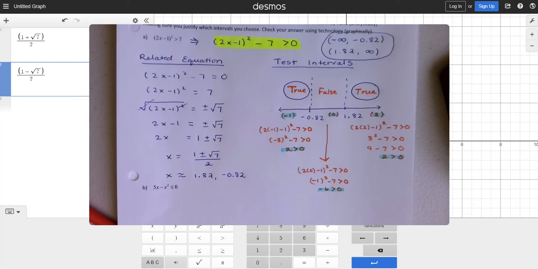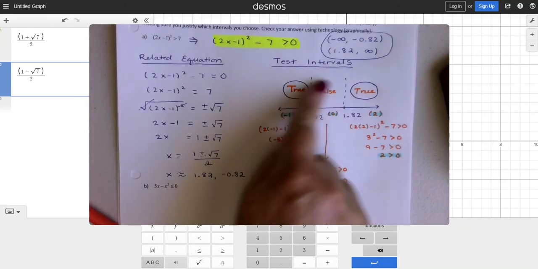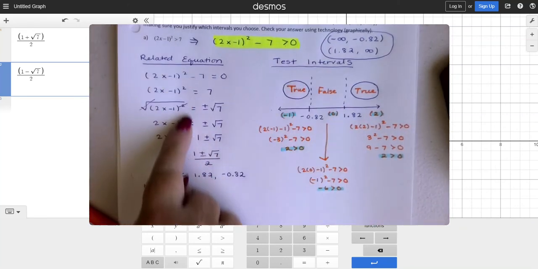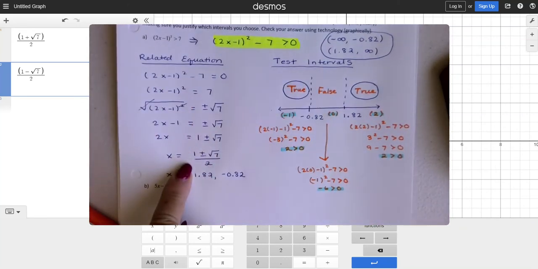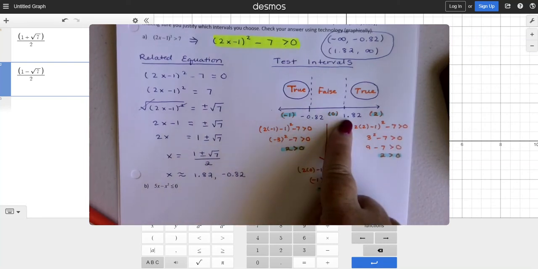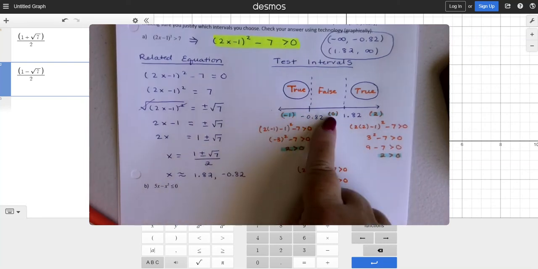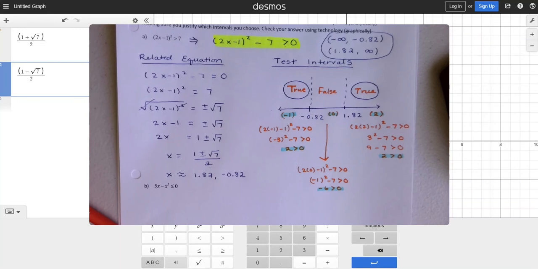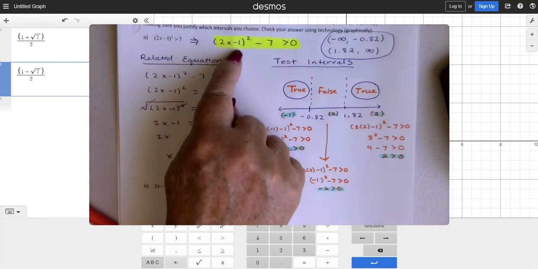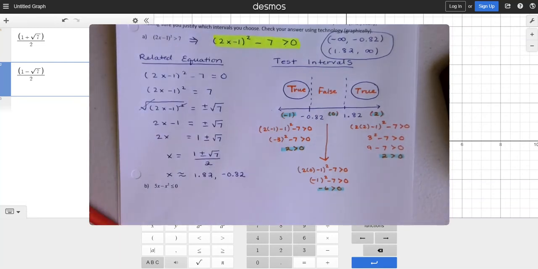The reason for that is that this general approach of solving a related equation, putting the solutions on a number line, and then testing a value in each interval applies not just to quadratic inequalities, but to all inequalities.